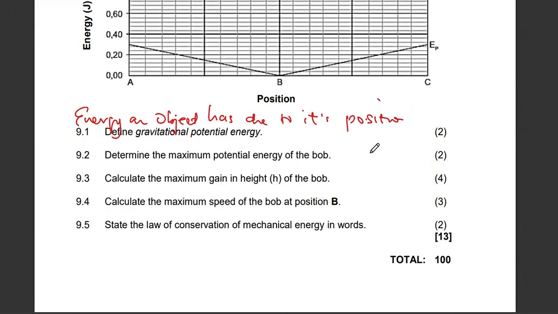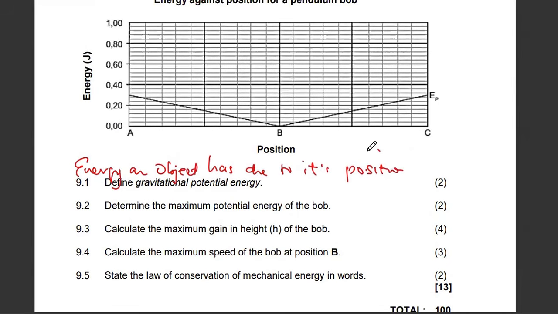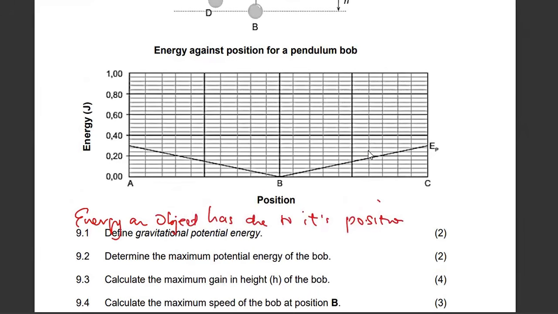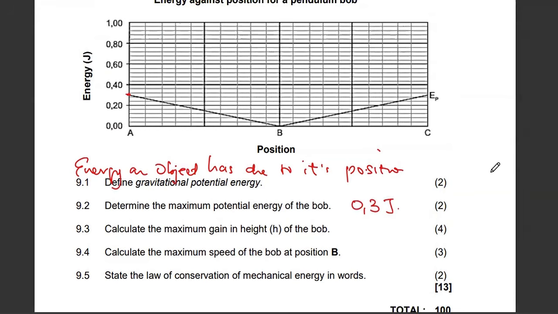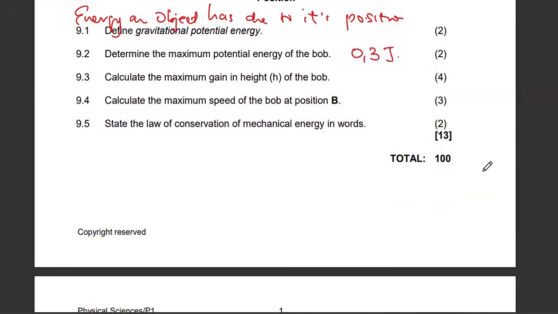9.2, determine the maximum potential energy of the bob. So you can see that the highest point that it's going to is somewhere halfway in between. So we're going to call it 0.3. Okay, that's 0.3 joules. And then calculate the maximum gain in height of the bob. So we need to use the formula and say that EP is equal to mgh.